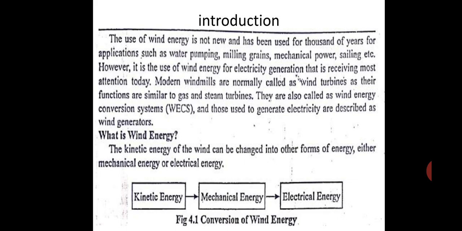So these windmills are now called wind turbines because they are functioning the same as gas and steam turbines and they are producing electricity. They are also called wind energy conversion systems because they are used to generate electricity, and they are called wind generators also.